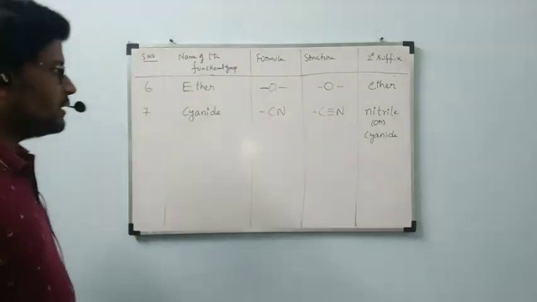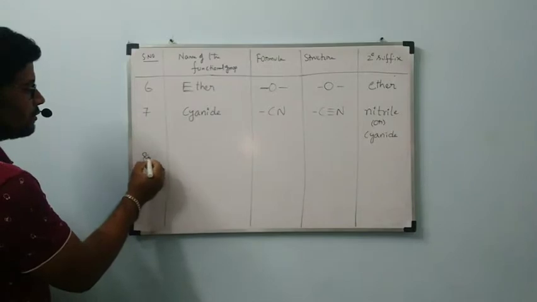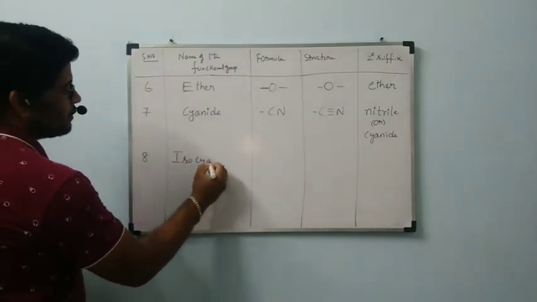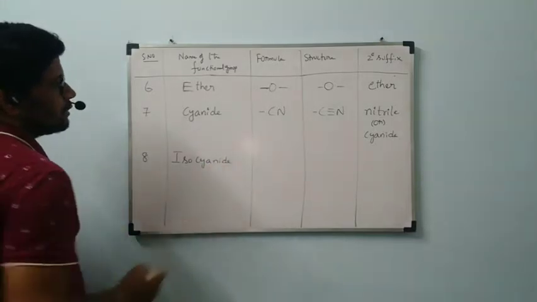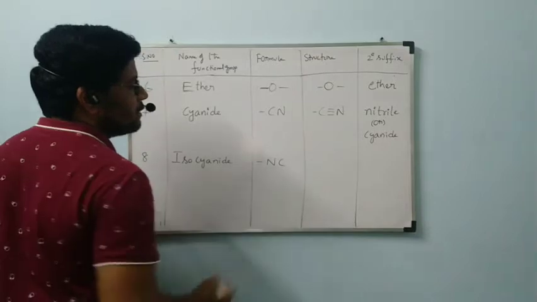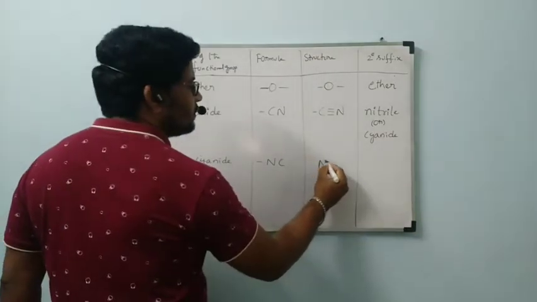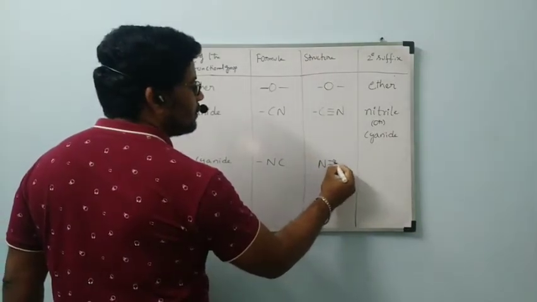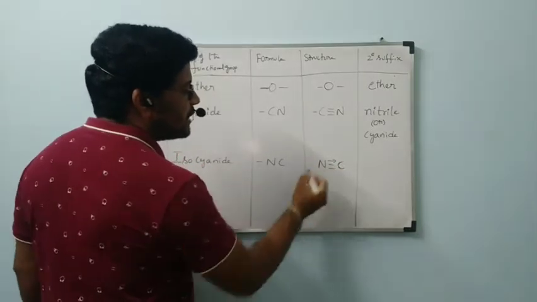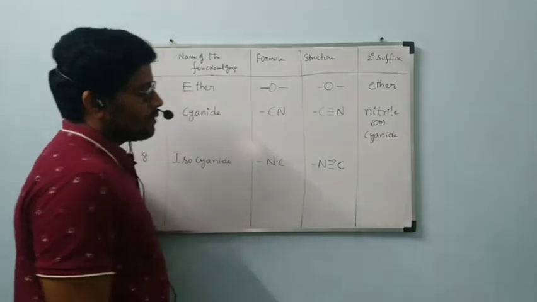Okay, next, eighth one. Isocyanide. Formula NC. Structure: this arrow mark is nothing but a dative bond, no? NC.